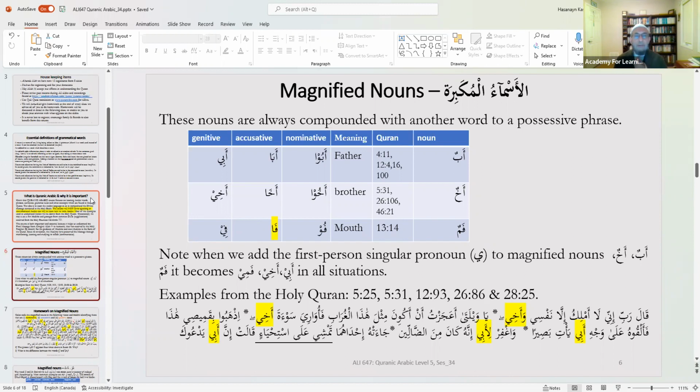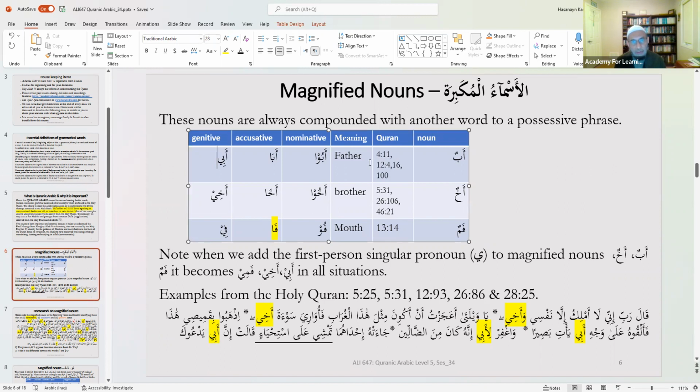And most of us, because we saw it's abi, genitive, automatically thought that abi is genitive. Yes. Abun, of course, is nominative. Abu is nominative, and abi is genitive. Yes. Now, if abi itself is the subject, then it will be nominative.